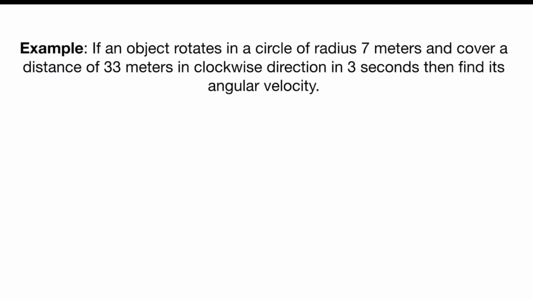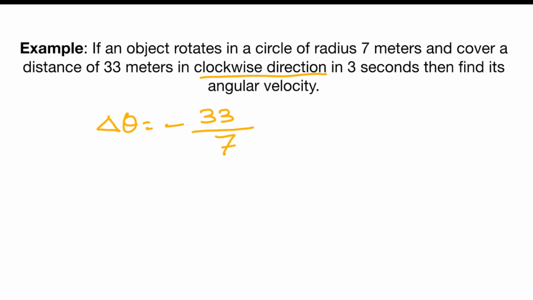If an object rotates in a circle of radius 7 meters and covers a distance of 33 meters in clockwise direction in 3 seconds, find the angular velocity. So here the motion is in clockwise direction, which is a negative direction. So the angular displacement del theta is given by minus the s, the distance covered, minus 33 divided by the radius, which is 7 meters.